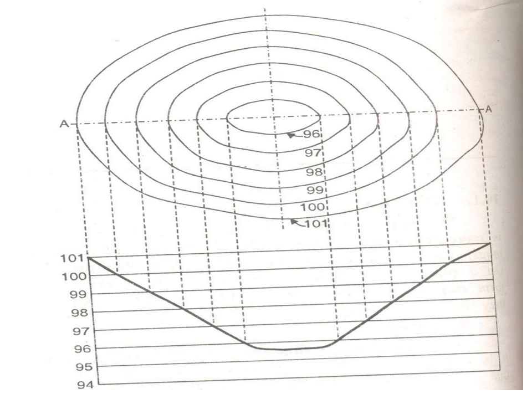This slide refers to the closed contour having RL 96, 97, 98, 99, 100 and 101. It is going to indicate that the ground feature is a pond, and when we are interested to calculate how much water we can store, it is made possible by finding the area lying below 96.